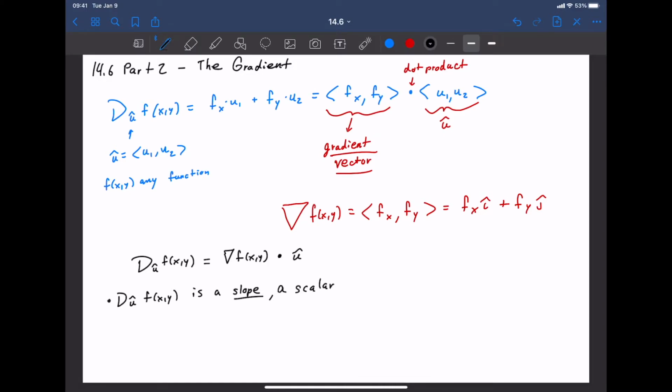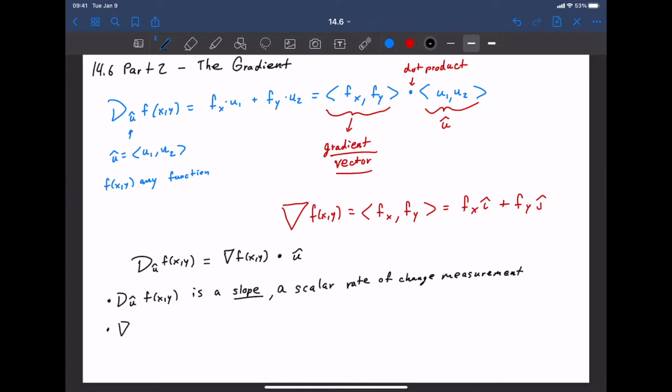A scalar rate of change measurement of how f's z coordinate changes in the u direction, if you wanted to spell it out fully, of how f's z component changes in the direction of u at a specific point.